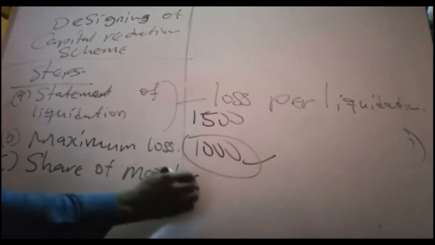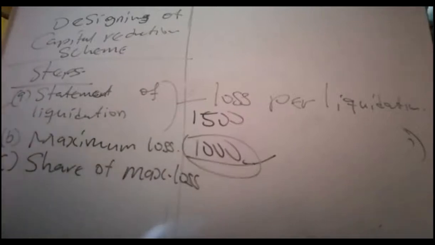The next step is share of maximum loss. Now, this loss that you determine, you have to share it to the stakeholders, the key stakeholders. Share it to them. You, this shareholder, please absorb this amount. Creditor, we are owing you 1,000. We will pay you 500. We clear some off. Share the loss.